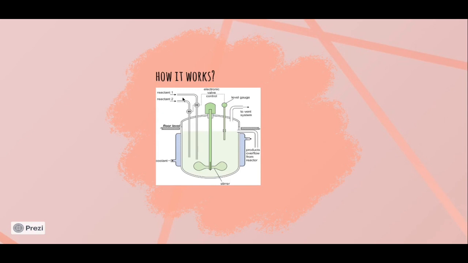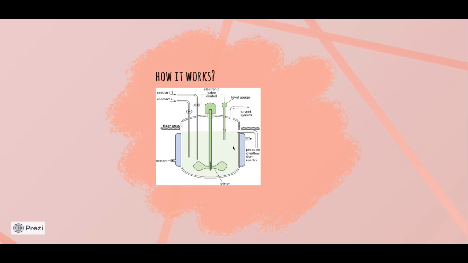So reactant 1 and reactant 2 will flow into the reactor and react for a long time to reach a high conversion, and the product will flow out and will be purified if needed.